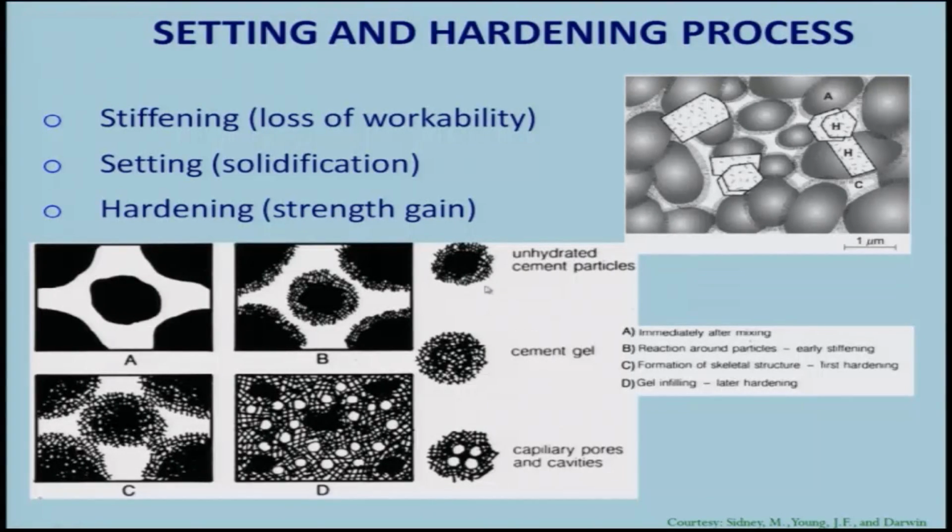You also see that these particles are explained as unhydrated cement particles, which basically exist at the center once the compounds are formed on the surface, and the hydrated compounds are basically collectively called as cement gel, and with further hydration, so A goes to B, B goes to C, and finally it becomes D. And what you see is that you still have some pores in the system, and these pores are called as capillary pores.